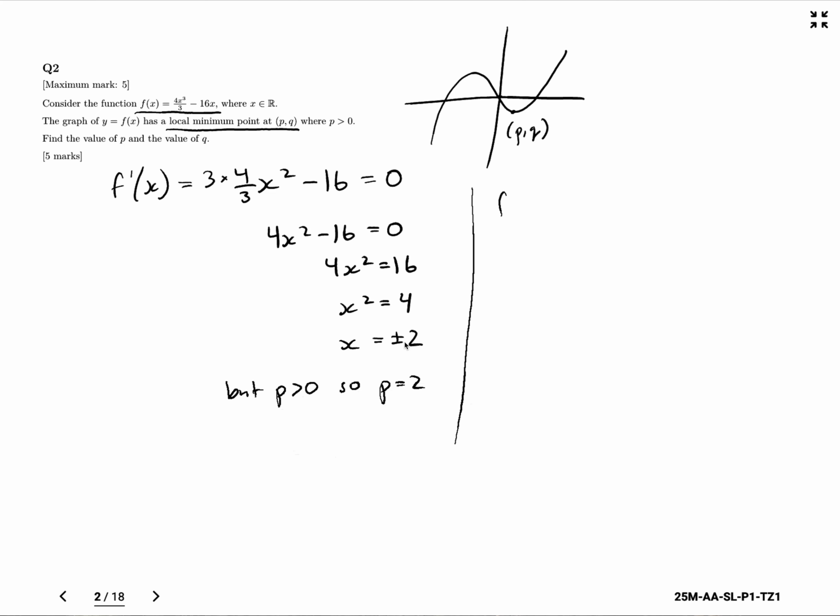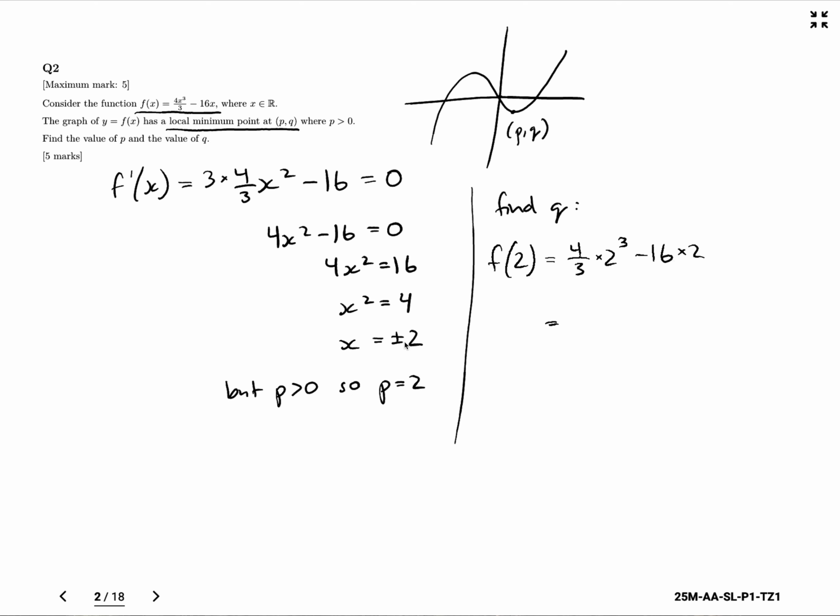And then we have to find q, and q is the value that the function has at this point, when p equals 2, when x equals 2. So we go back to the original function, f of 2, and we get 4/3 times 2 cubed minus 16 times 2.